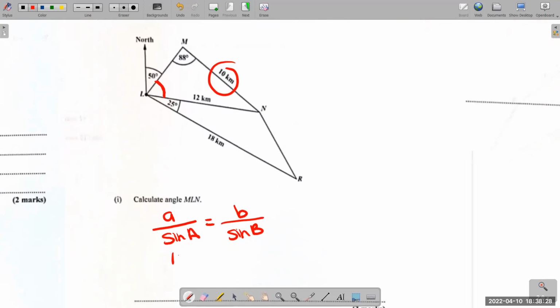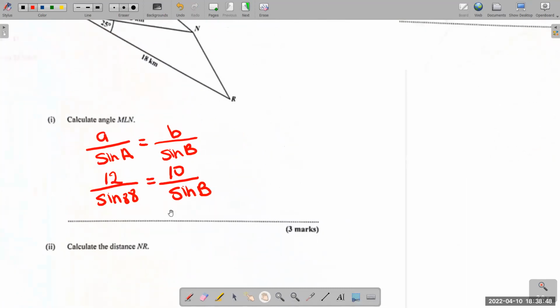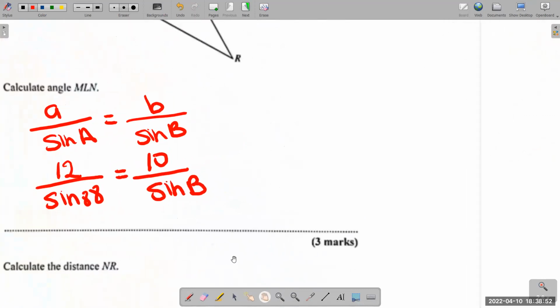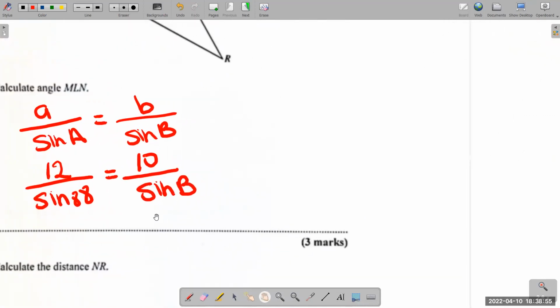So what is the side? 12 over sine 88. Everybody agree? Please get your calculators ready. Next one, do we have sine B? Yes, because it's going to be 10 over sine B. Before I continue, does everybody understand how I reached this point? Let me know, because this is the easy part. From here, you should not make any mistakes, because all this is calculation. So let me go.